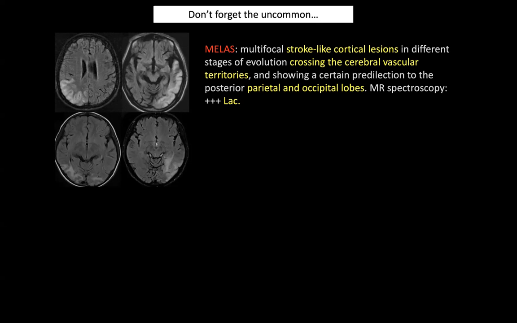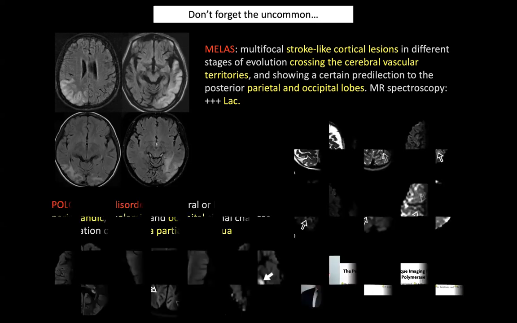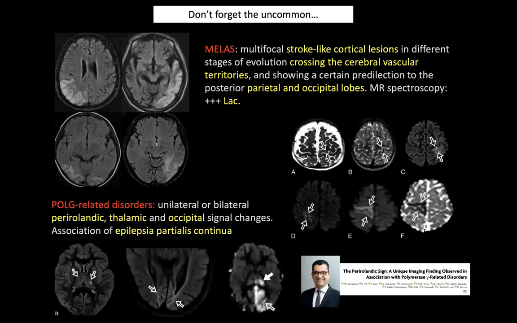Another similar group of disorders are POLG-related disorders like Alpers syndrome, for instance.